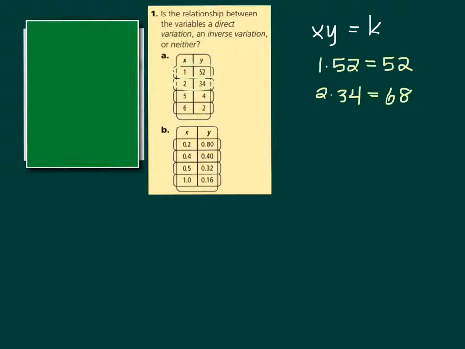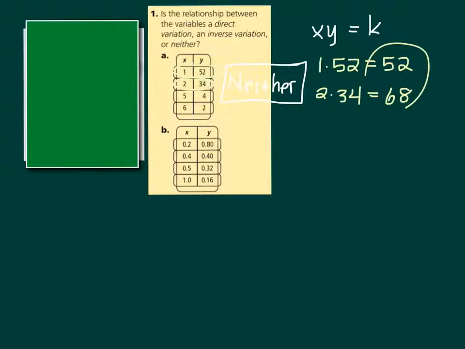Okay. So is this number right here constant? No. So part A is going to be neither. It can't be direct because as the x's get larger, the y's are getting smaller. So no way it can be direct variation. And then there's not a constant involved here, so it's not inverse variation.